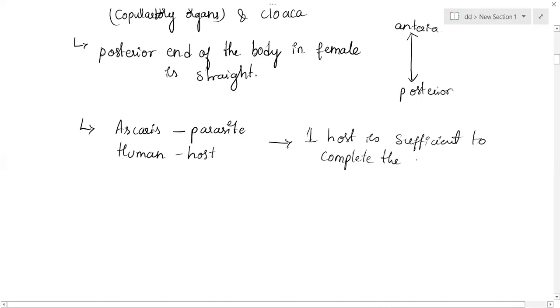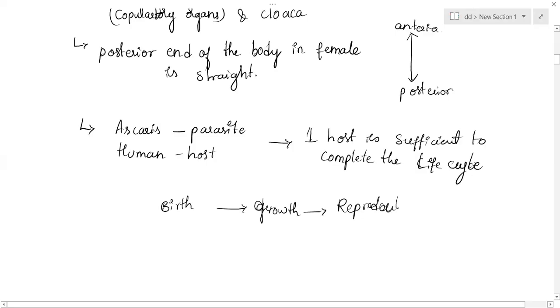What do you mean by the life cycle? From birth, development or growth, reproduction, until death.